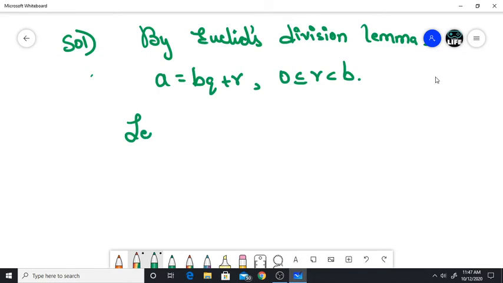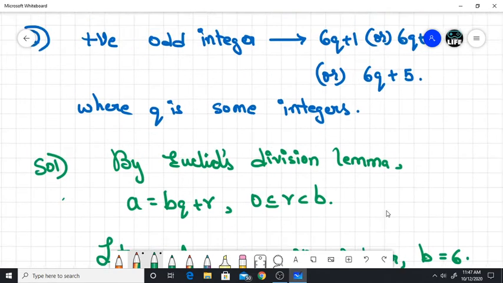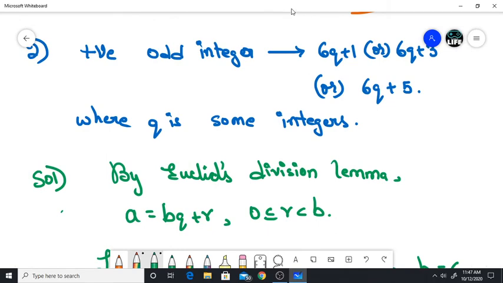So let A be any positive integer and b equals to 6. That's what is given in the question. b is given like 6.